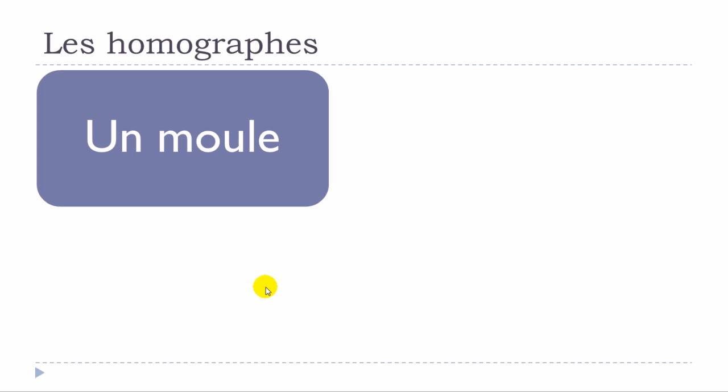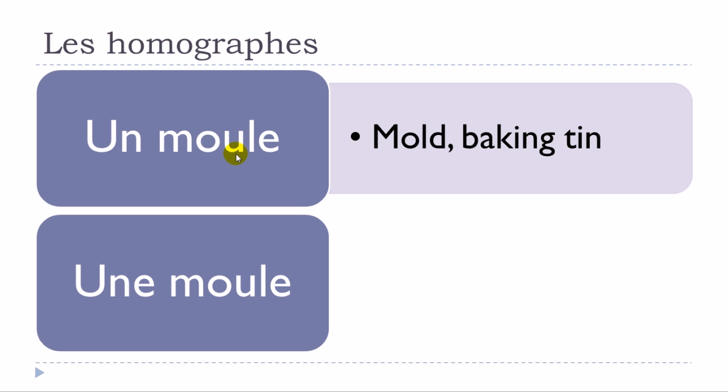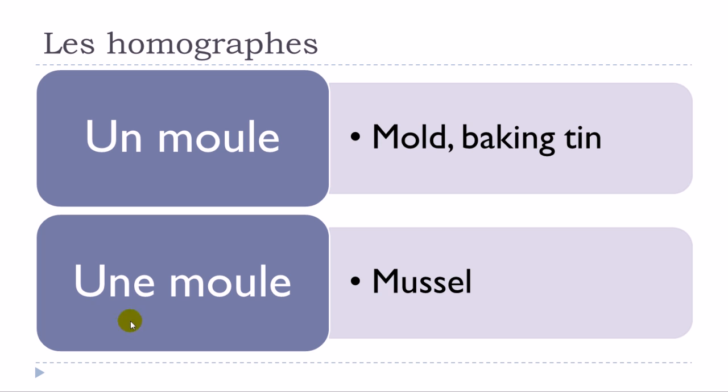Okay, so let's see the second now. Un moule. Okay, and you've got here the meaning, un moule, and the feminine form, une moule. Alright, une moule. Okay, keep in mind you pronounce them the same way, but as you can see, the meaning is different.